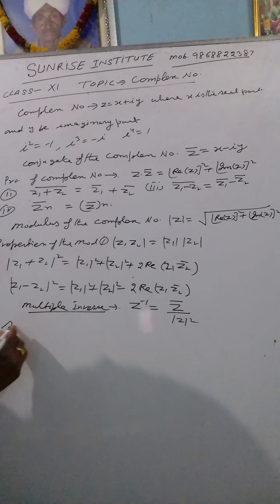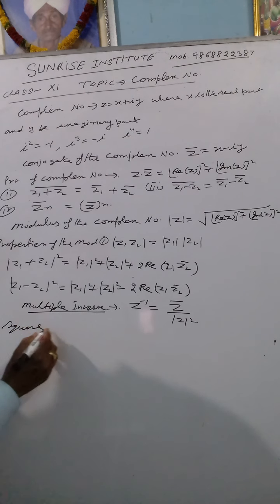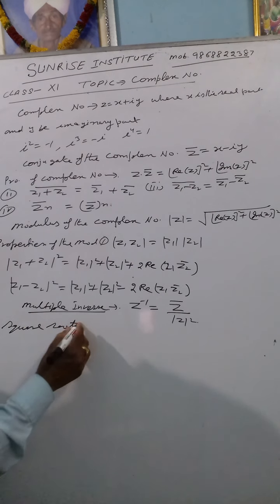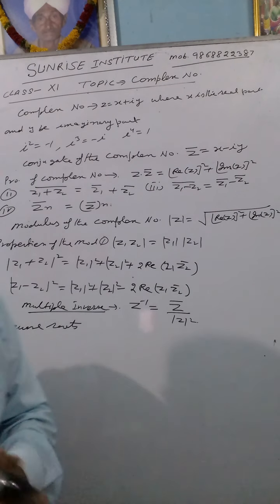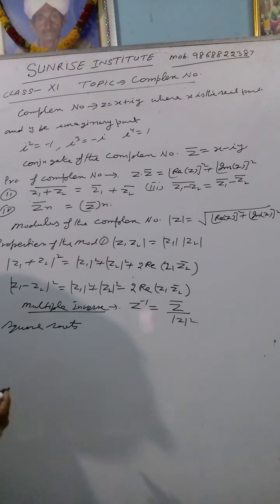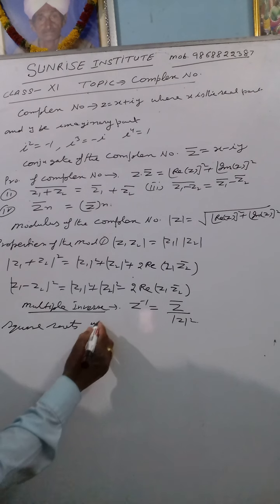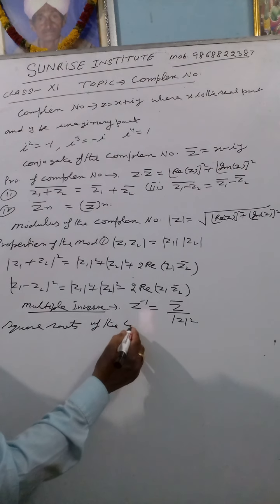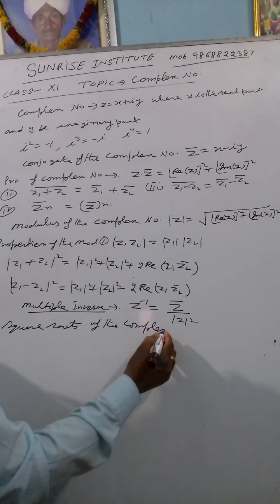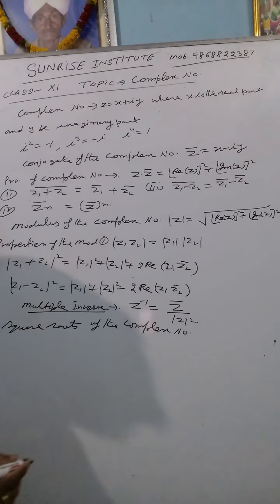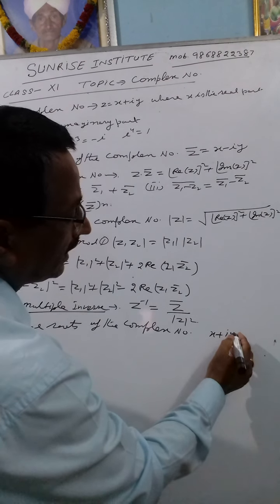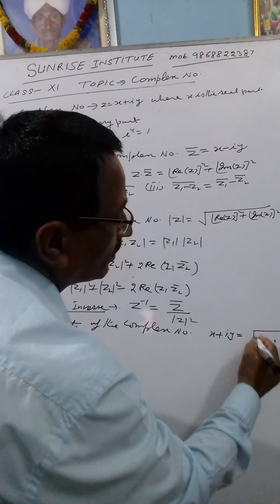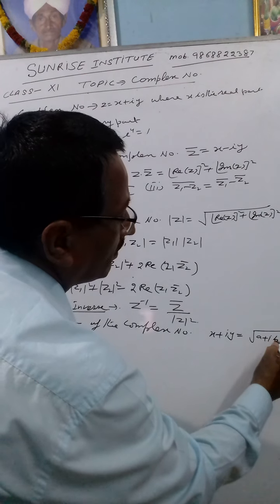Then the square roots of the complex number. Okay students, the square roots of the complex number: x plus iota y equals square root of a plus iota b.